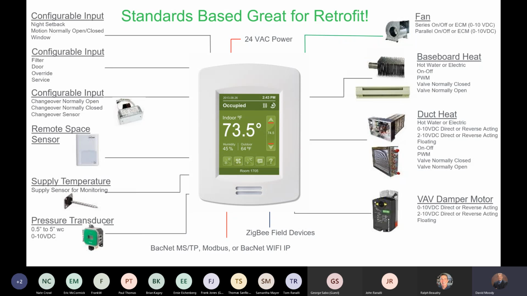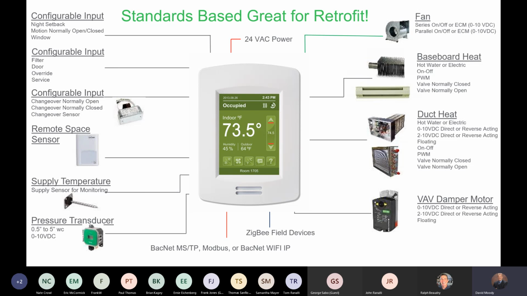Fans, again, series or parallel on off 0 to 10 volts. Baseboard heat, all the different typical normally open or closed, duct heat. And what's really unique about this application is hallelujah to the guys in the R&D team. They really sat back and listened to what we had to say when we put this product together. Instead of just being 0 to 10 volts direct or reverse acting, we now have a 2 to 10 volts, right?